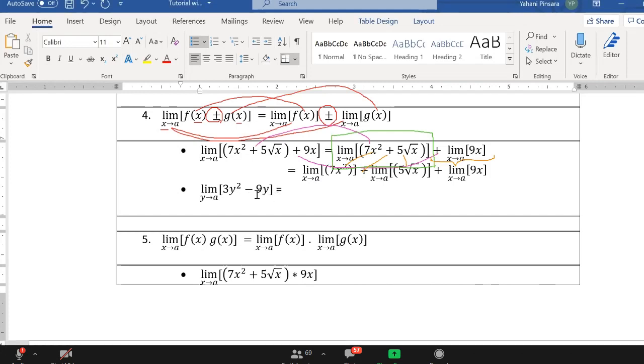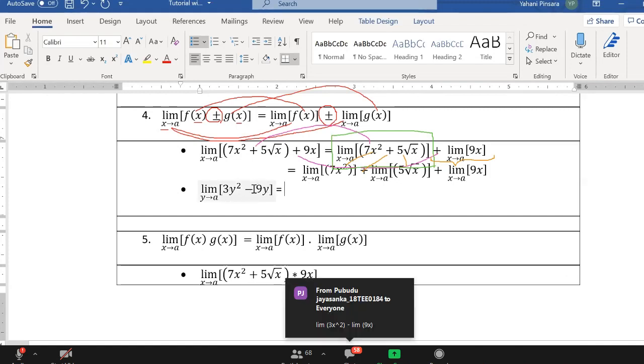So here y is a variable. So this is limits, the variable is y, and the first function's variable is y, and the second function's variable is also y. And in between the two functions you have a minus mark for subtraction, right? So we can apply this rule, right? So what is the answer?